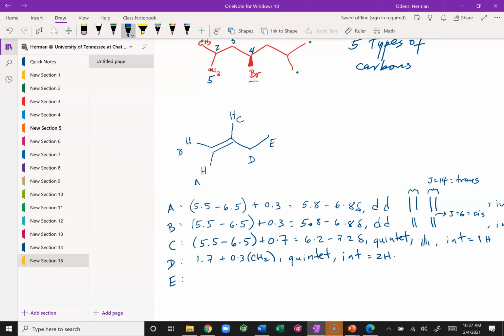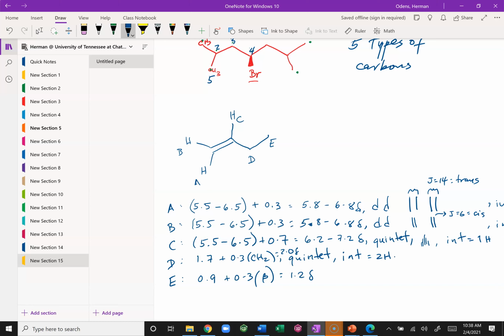And then lastly, we have E. That starts at 0.9 plus 0.3 because it has a beta group. This was 2.0 ppm, and this will be 1.2 ppm. It has a beta group on the double bond.